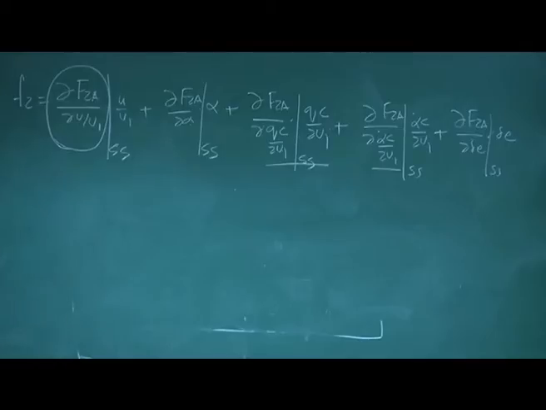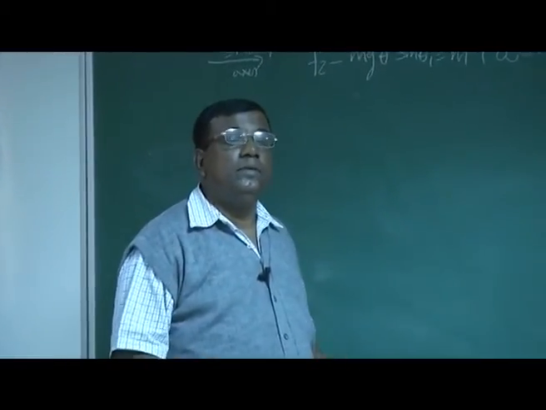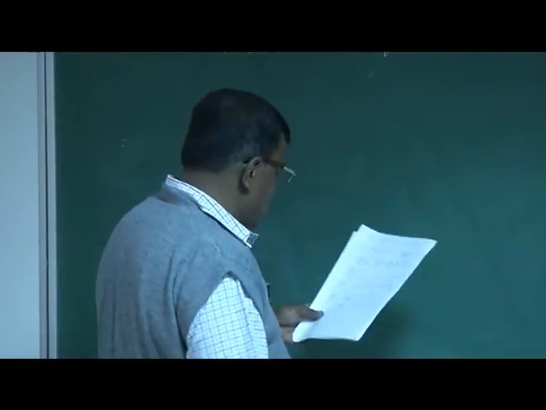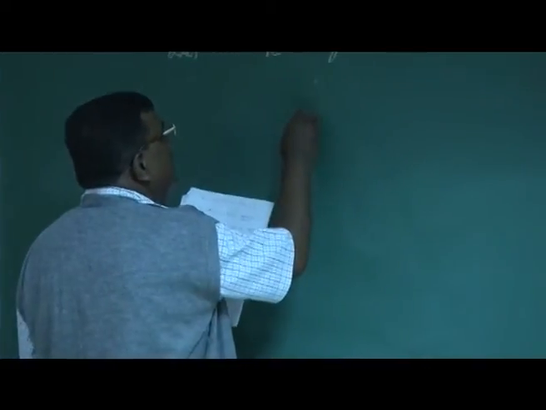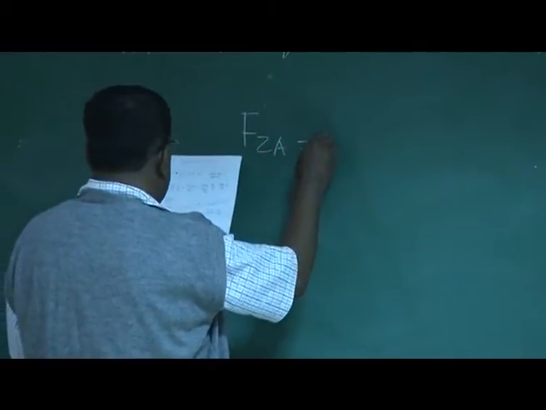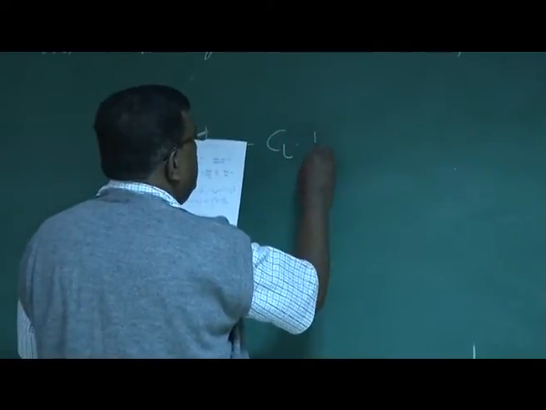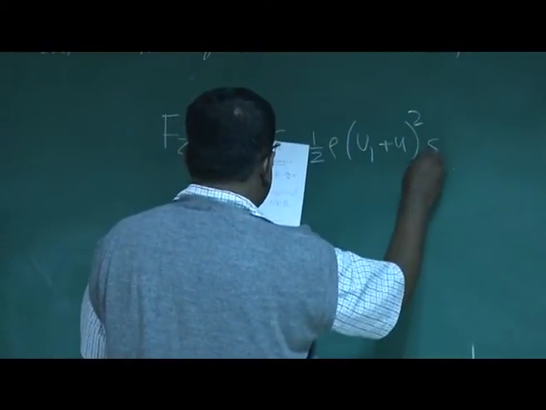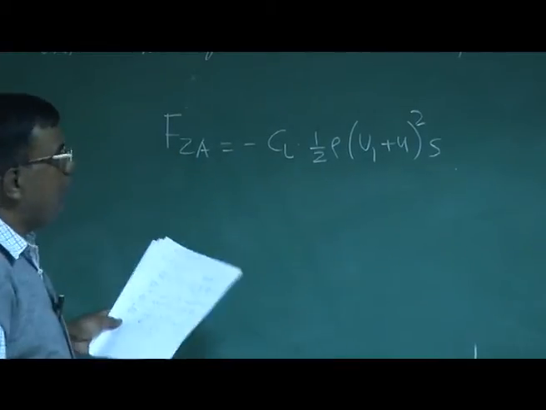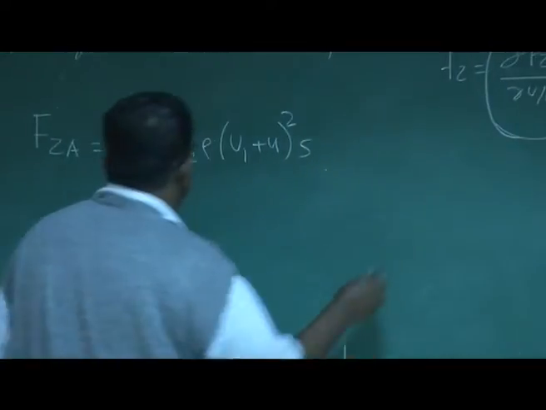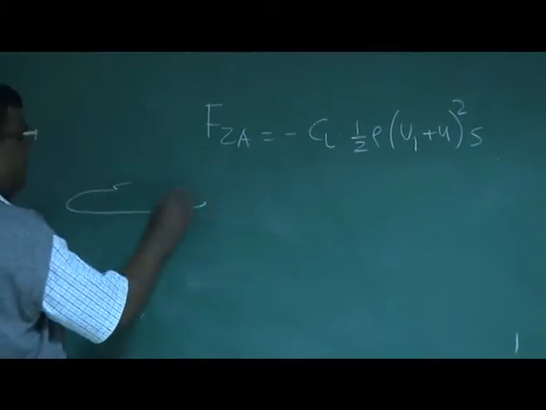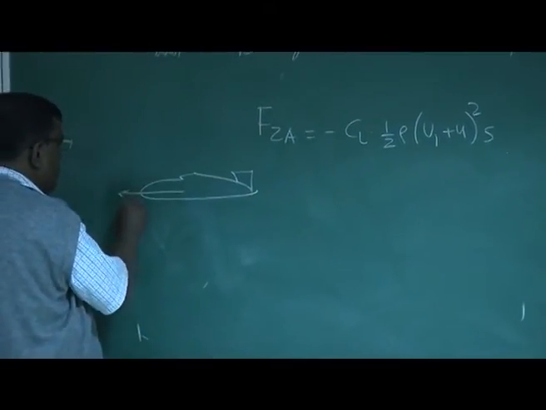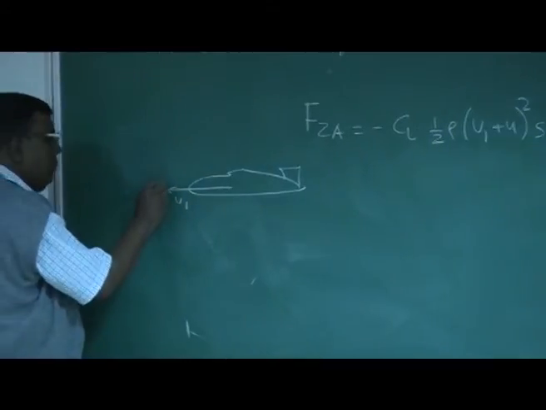Let's first attack dFza by d(u by U1). Before we start, we know Fza means aerodynamic perturbed force along the z direction. So I can write Fza is equal to minus Cl into half rho (U1 plus u) whole square S. If you recall, this is the aircraft, this is U1, and because of perturbation, this is u.